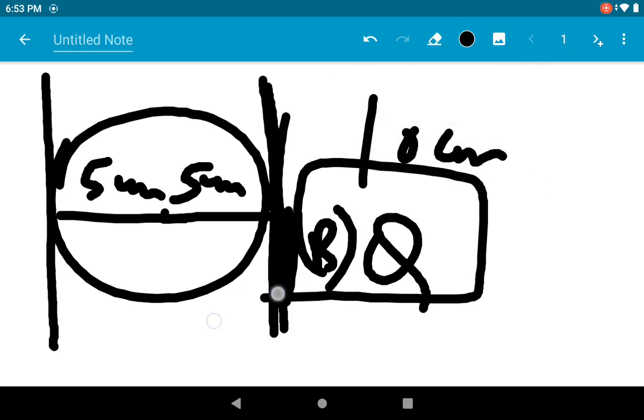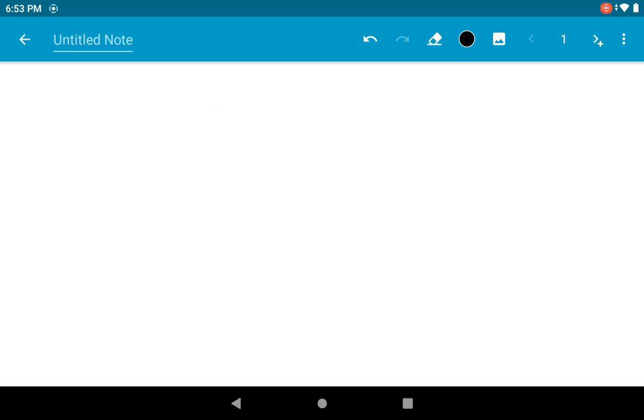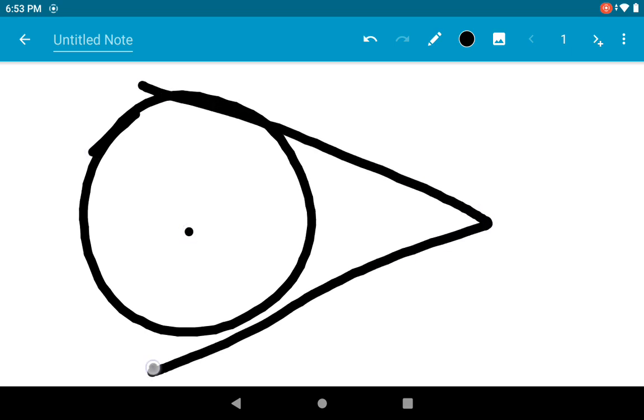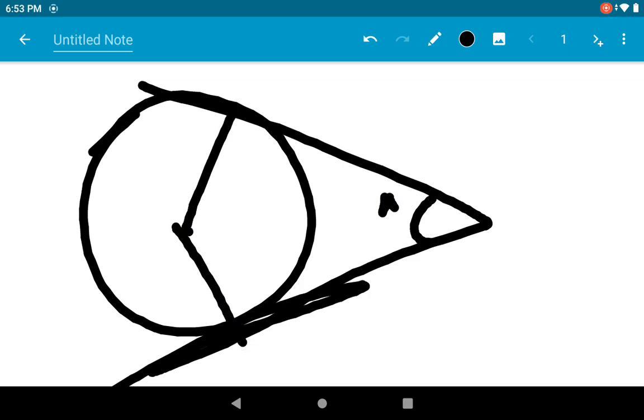All right, let's move on to the next question. In the adjoining figure, AP and AQ are tangents to the circle with center O. Let me just draw the figure. This is angle X, and this is given to us as 210.